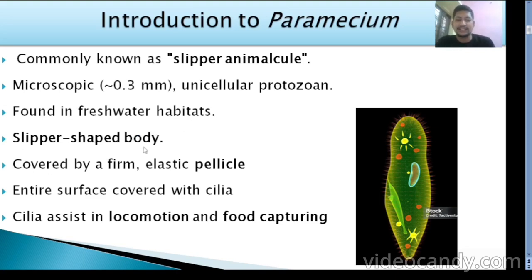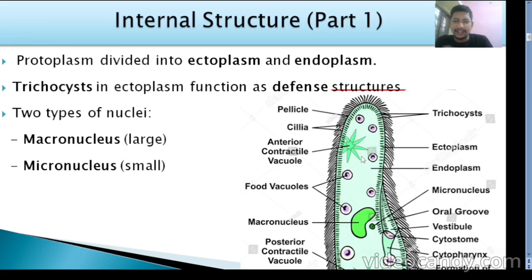As I told, the body is slipper shaped, and this body is covered by a firm elastic structure called pellicle, and you can see it in this diagram. Here the pellicle is mentioned, and the entire body is covered by cilia.